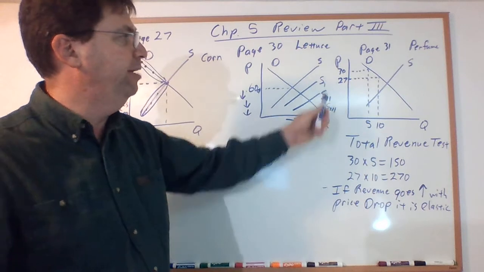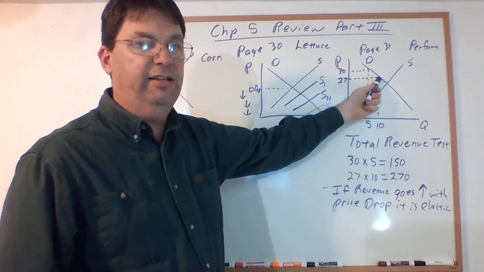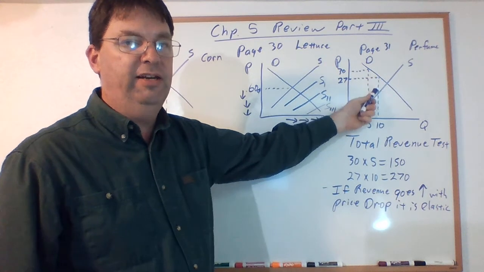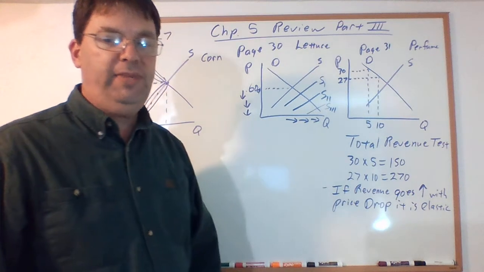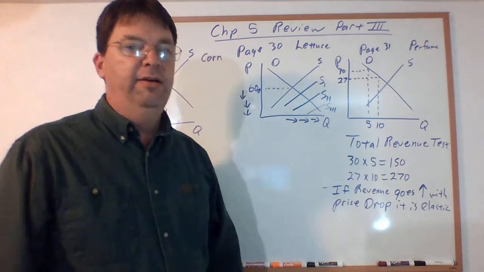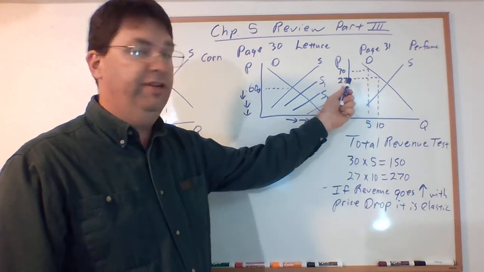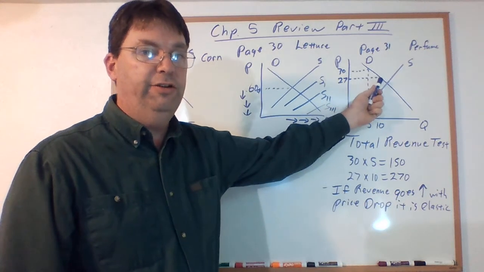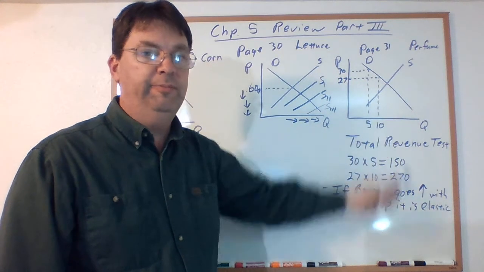You want to make sure, because they're trying to get you to do this, that when you find a price, you go over and you hit the correct line. In this case, I'm asking for demand, and then I go straight down to a quantity. If they ask you for the market price for the supplier, then you would have to go over until you hit the supply line and then go down. Okay?